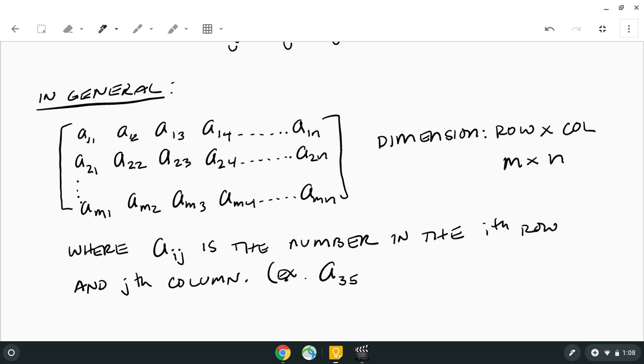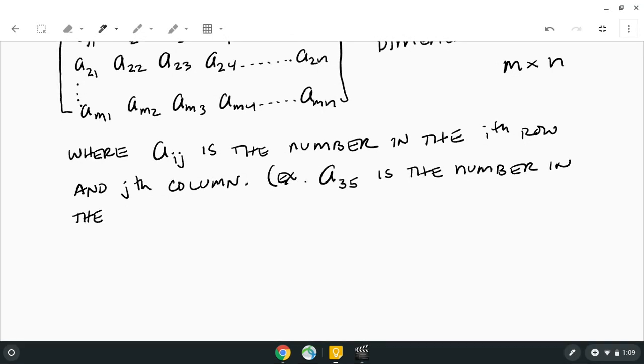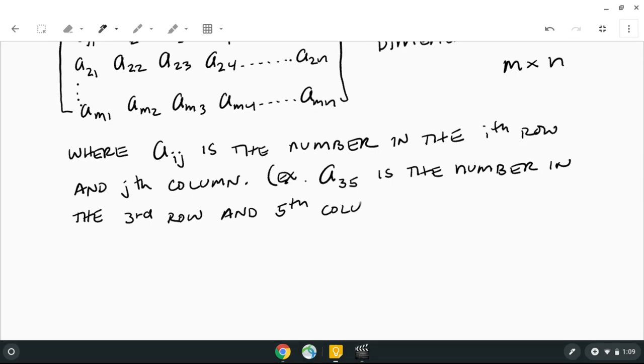So this tells me that a_35 is the number in the third row and fifth column. Okay. All right.